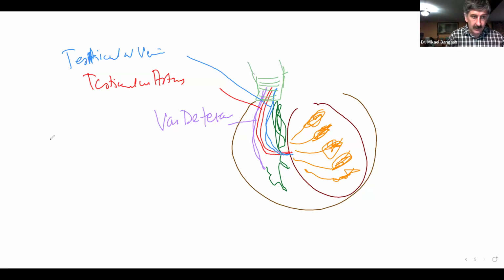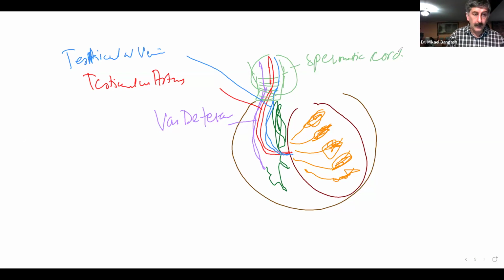This sheet, through which these three structures respectively, vas deferens, testicular artery, and testicular vein, pass, all together here is going to be referred to as the spermatic cord.